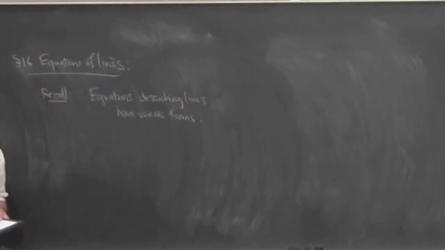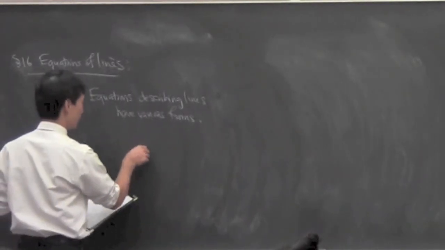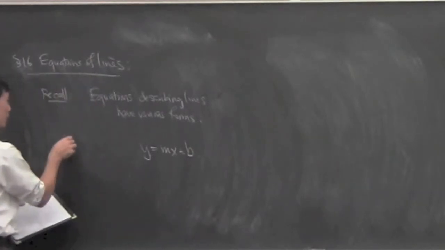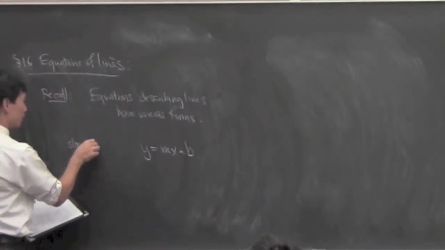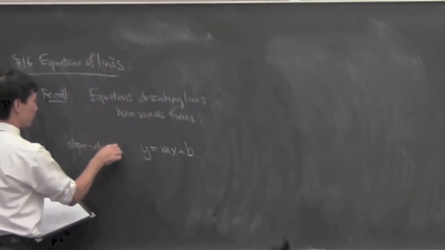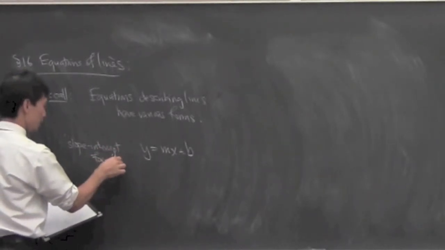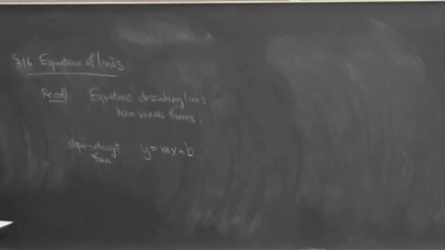Like how do you describe a line? Y equals mx plus b, right? That's the popular slope-intercept form. Are there other forms that people recall?